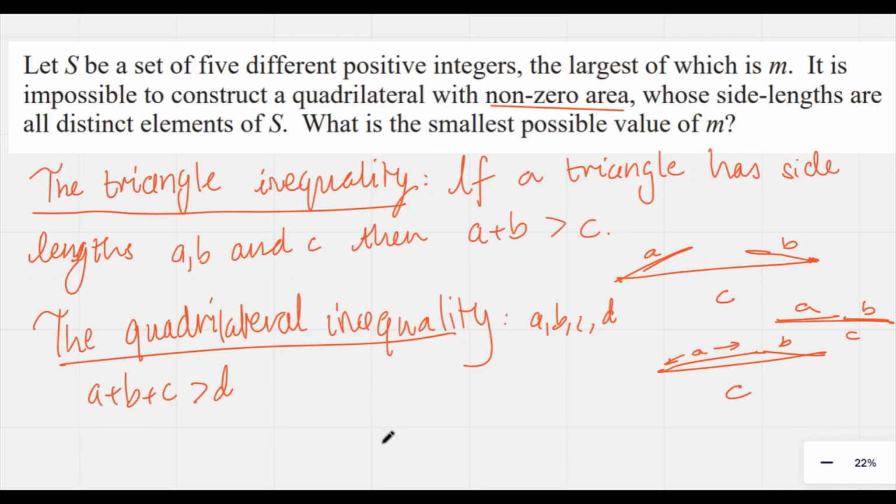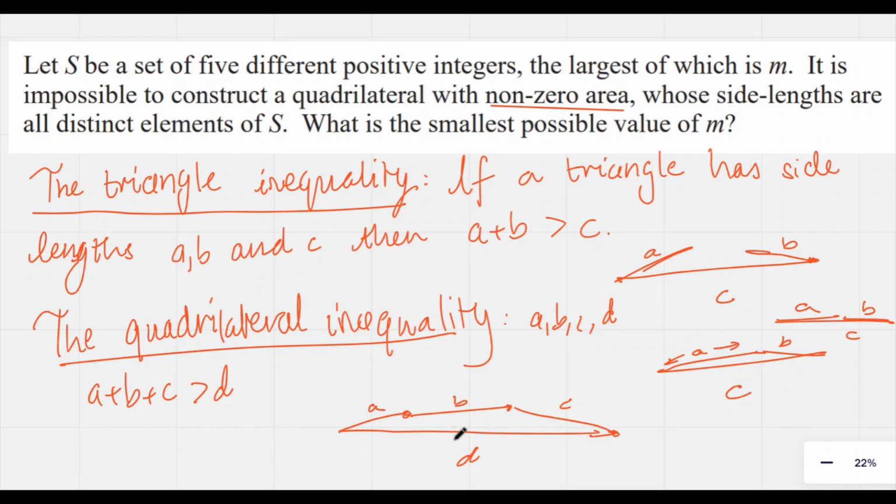What if D is my longest side? Well, we'll call that D. And then again, in order to ensure that this quadrilateral has a positive area, A maybe here, B could be there, and C could be there, but we still require A plus B plus C to be bigger than D, because if it was less than or equal to D, we would not be able to connect these dots and create a quadrilateral with positive area.